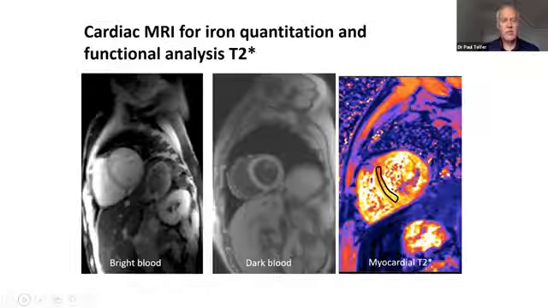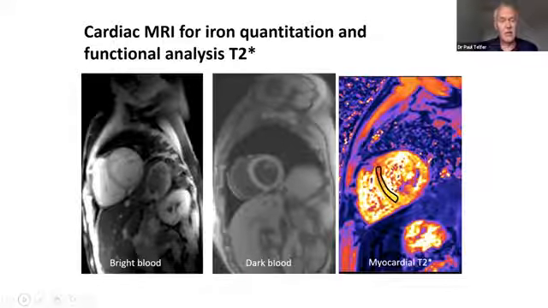So let's talk now about magnetic resonance imaging, and I'm going to start with imaging of the heart. As we've said, the heart is the principal target organ in terms of morbidity and mortality in thalassemia. Cardiac disease is still the commonest cause of death, and this relates to cardiac iron overload.